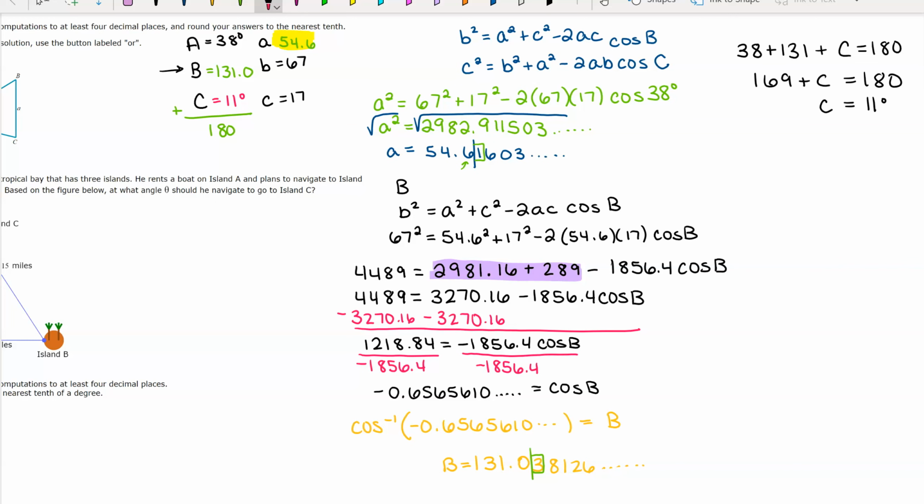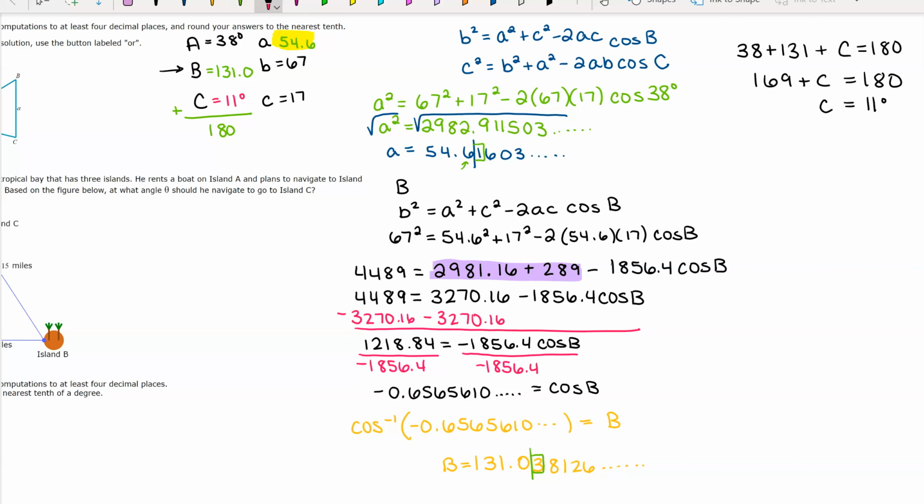So I know the law of sines is a little faster than the law of cosines, but if you don't check for that bigger angle to see what makes sense, then you'll get the whole problem wrong. So what would have happened in this problem if we had used the law of sines to get angle B? We would have got B equals, I don't know, maybe 50 something, 49.